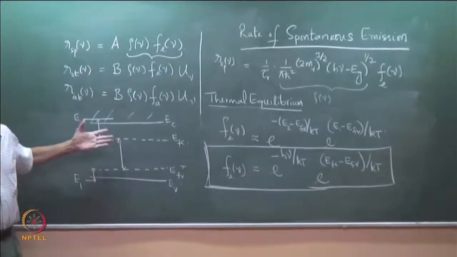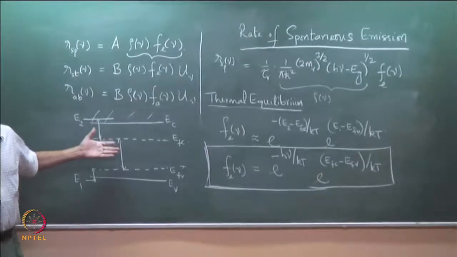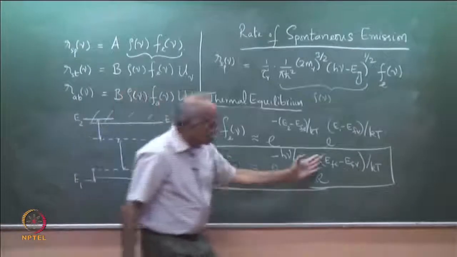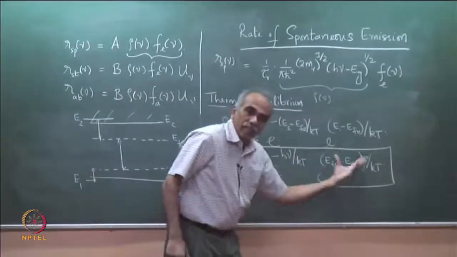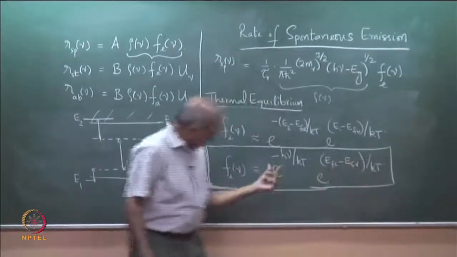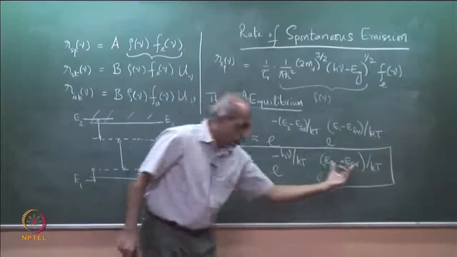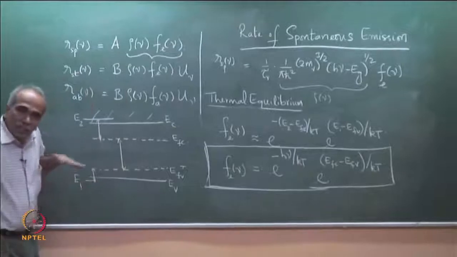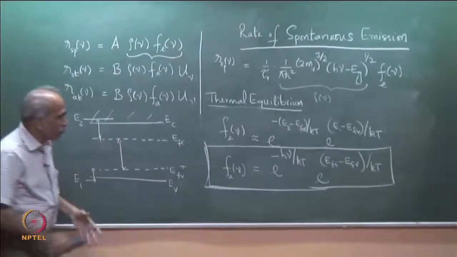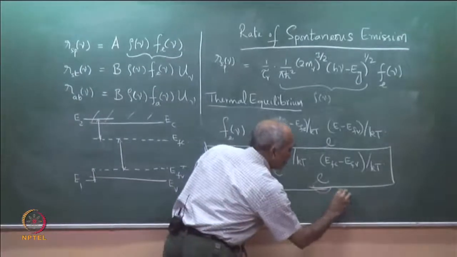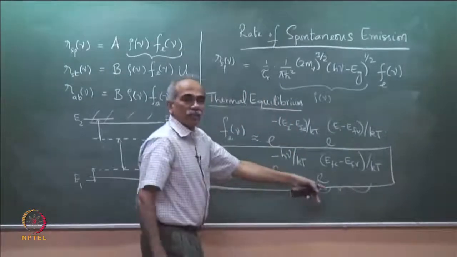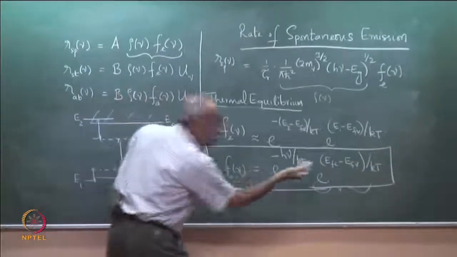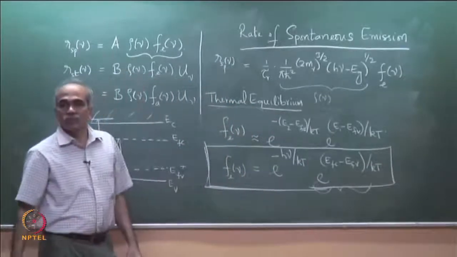It is much larger compared to kT, 0.025 eV, and therefore, this exponent here is a very large number now. This is very large, no doubt, but this is also large. The point is, by pushing the semiconductor into quasi equilibrium, you have an additional multiplication factor, which will increase Fe of nu by orders of magnitude.